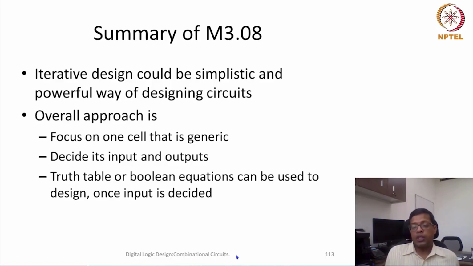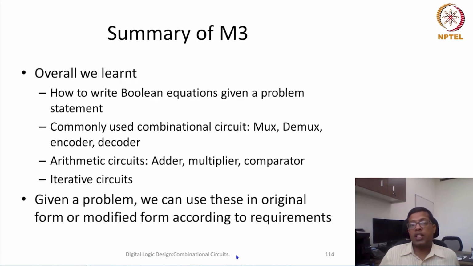Okay, so this is also the last lecture of this particular module, so I'll also summarize this overall module in a couple of minutes. In this module, the objective was to design a Boolean combinational logic, or a digital system, using basic gates.